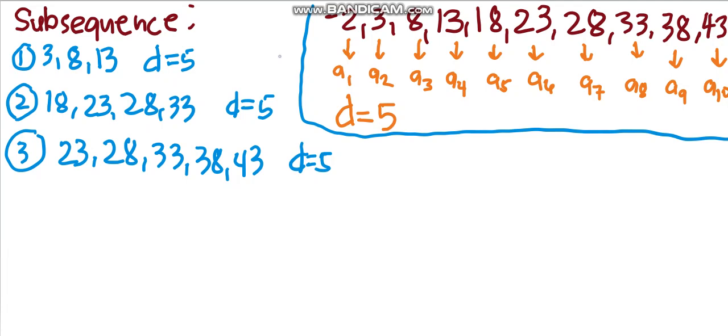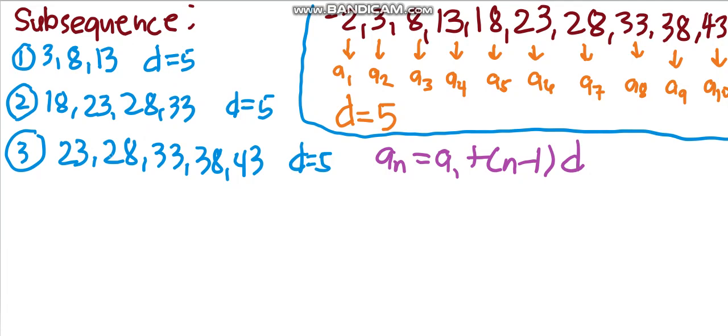Now, the next question is, how come that a sub n equals a sub 1 plus n minus 1 times D also works for this subsequence?